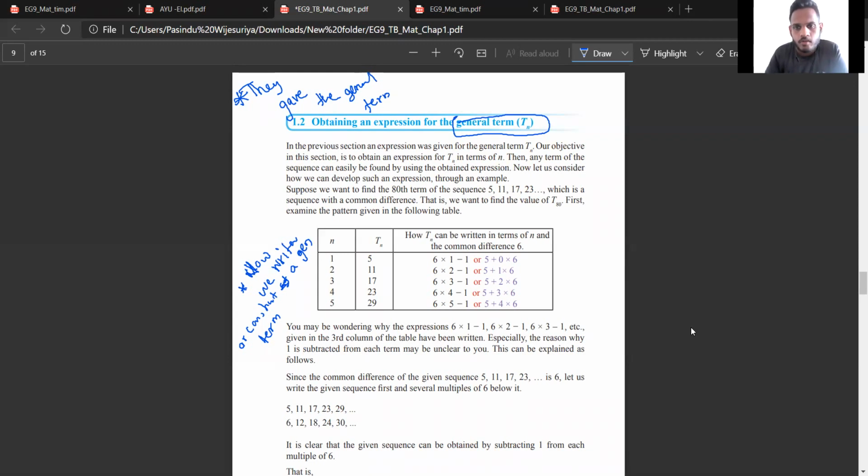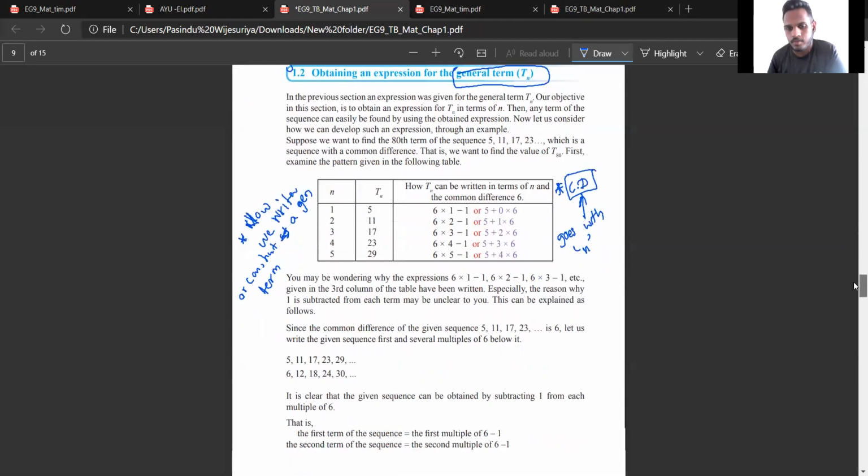Basically, for writing any general term, one of the main things that is important is to find the common difference. This is a must. I'll be explaining that later when we are going down.